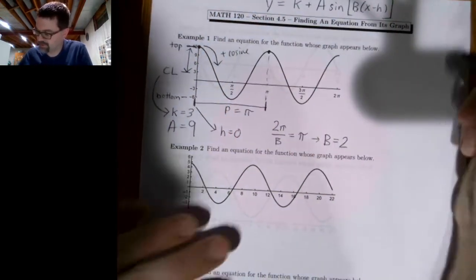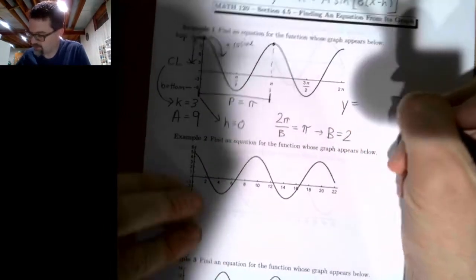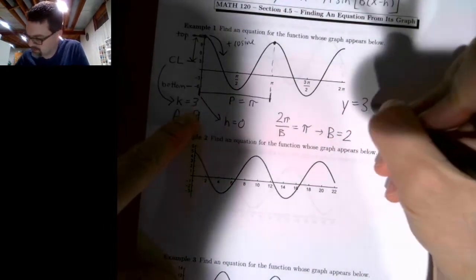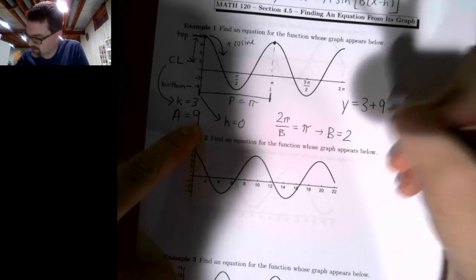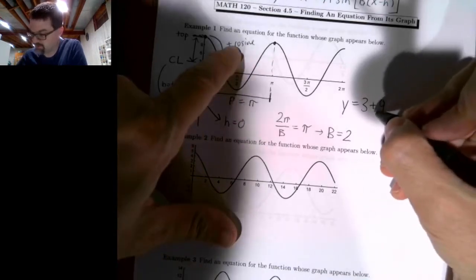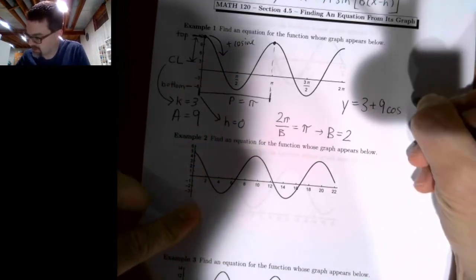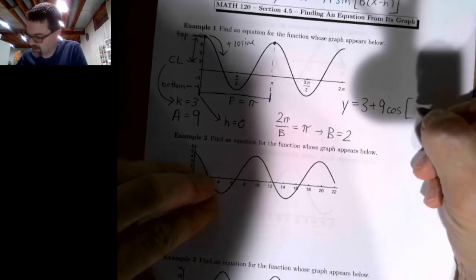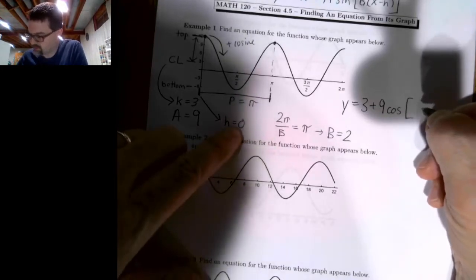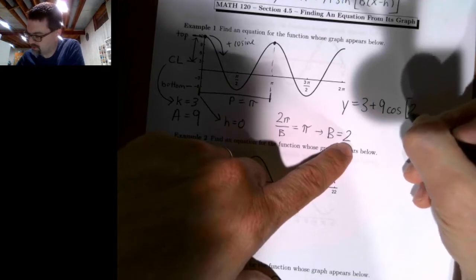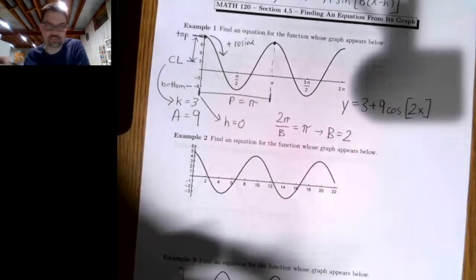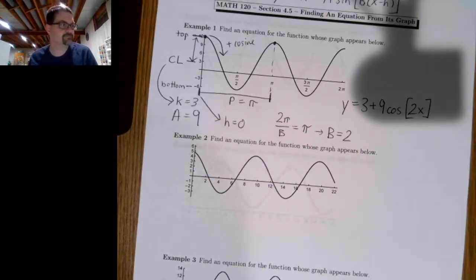So if we put all of this together, y equals k plus amplitude, plus because it was positive cosine, and then there was no shift, so there's no parentheses in here, but b is 2, so just 2x, like so. And there it is.